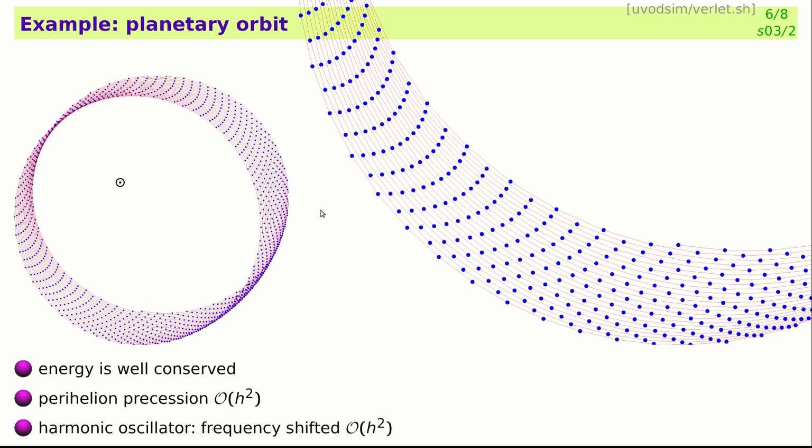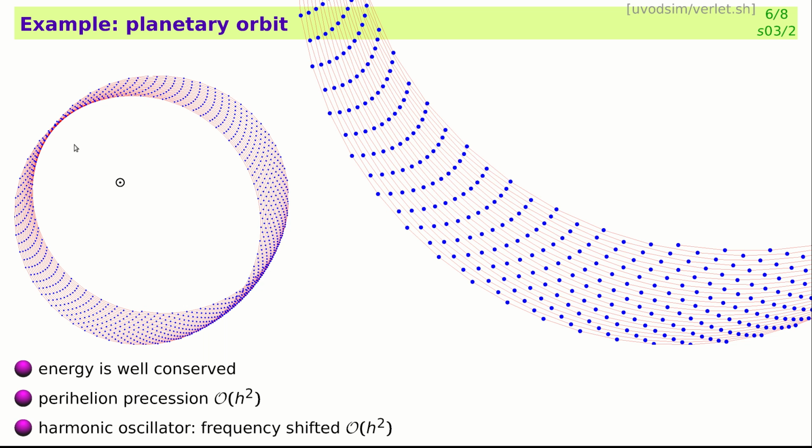Planet revolution around a star, planetary orbit. We have a method, Verlet or Leapfrog, and let's apply it to something which has a known solution. It is a planet revolution around a star.